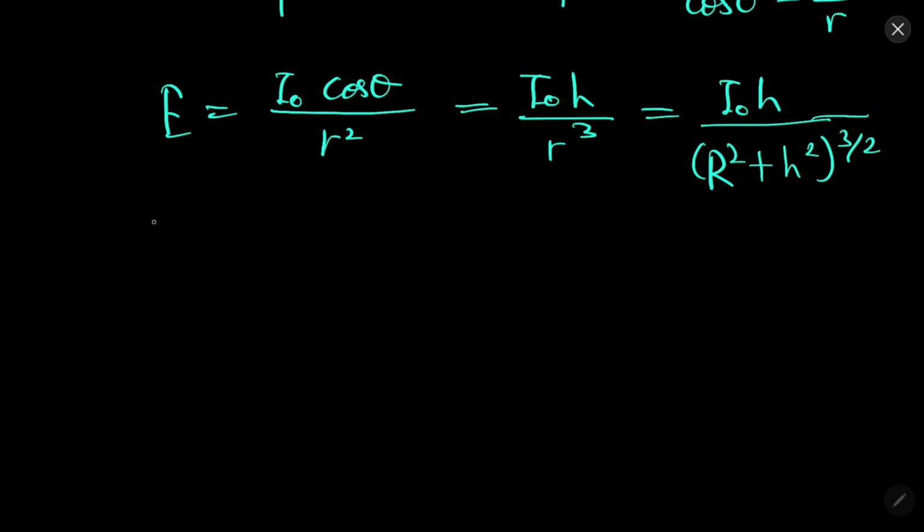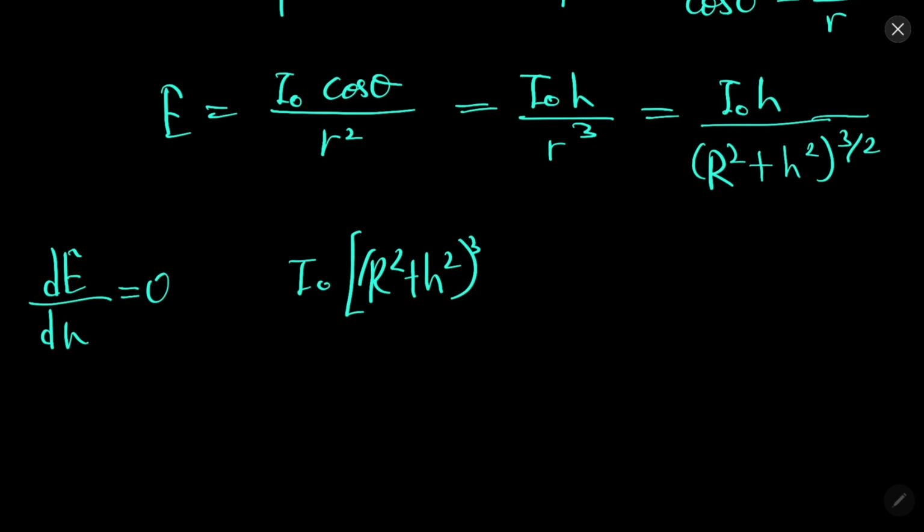Now after this, for maxima, d by dh should be equal to 0. So it will be like I naught, now we need to differentiate. So we need to differentiate using the division rule.